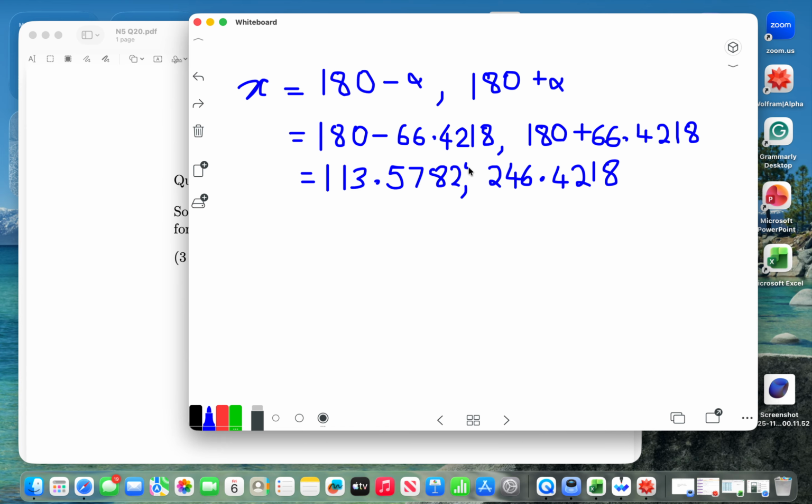I think we're best off rounding these to one decimal place.